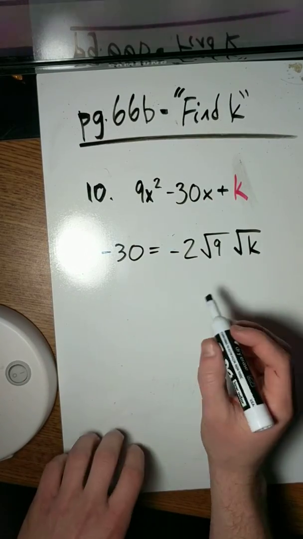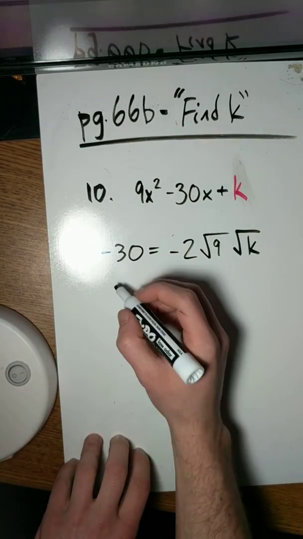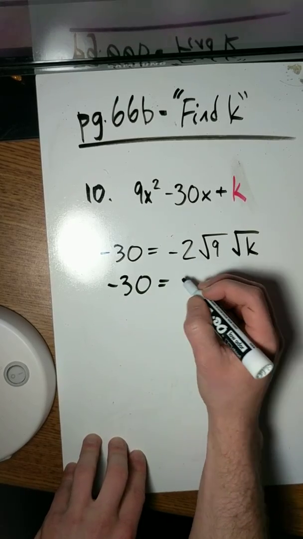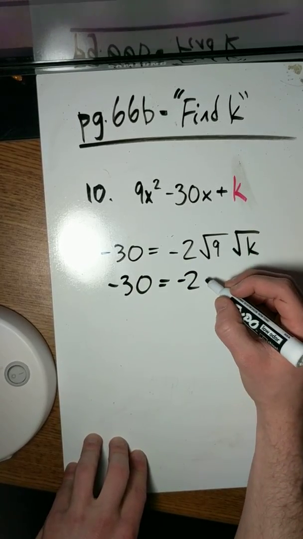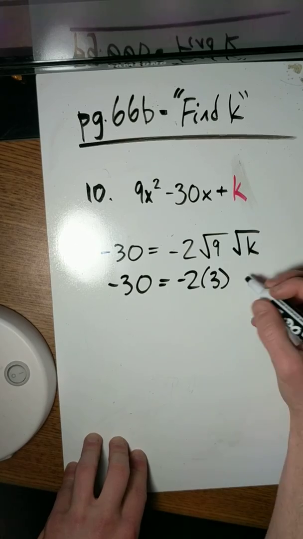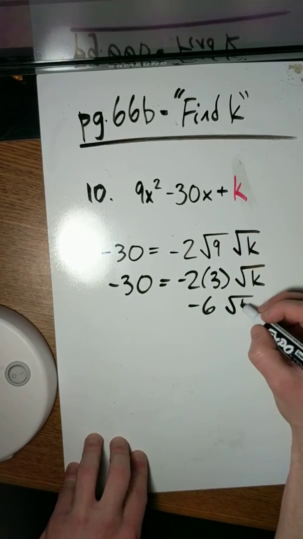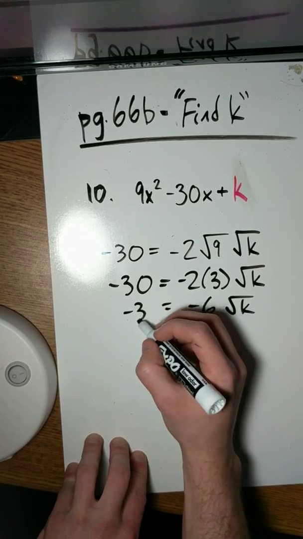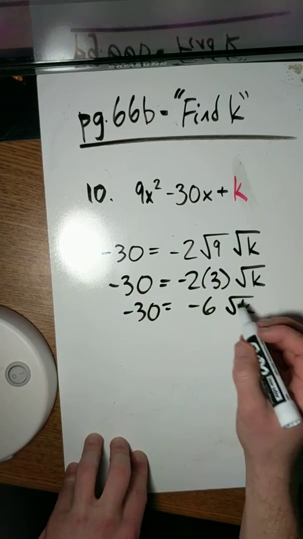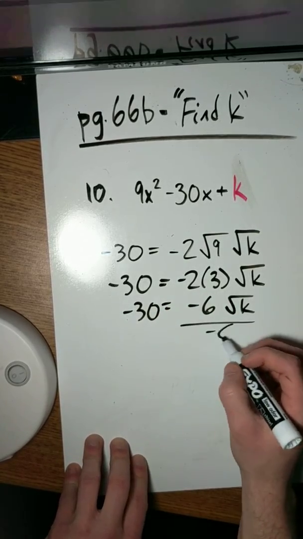Now we're just solving an equation. So we have negative 30 is equal to negative 2 times 3, because the square root of 9 is 3. This is a negative 6. Let's isolate the square root of k. So we're going to divide both sides by negative 6.